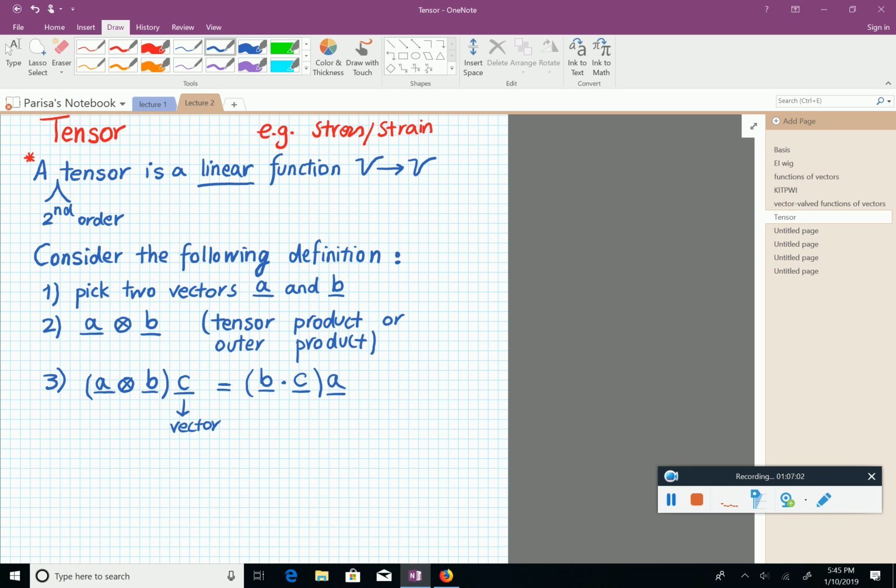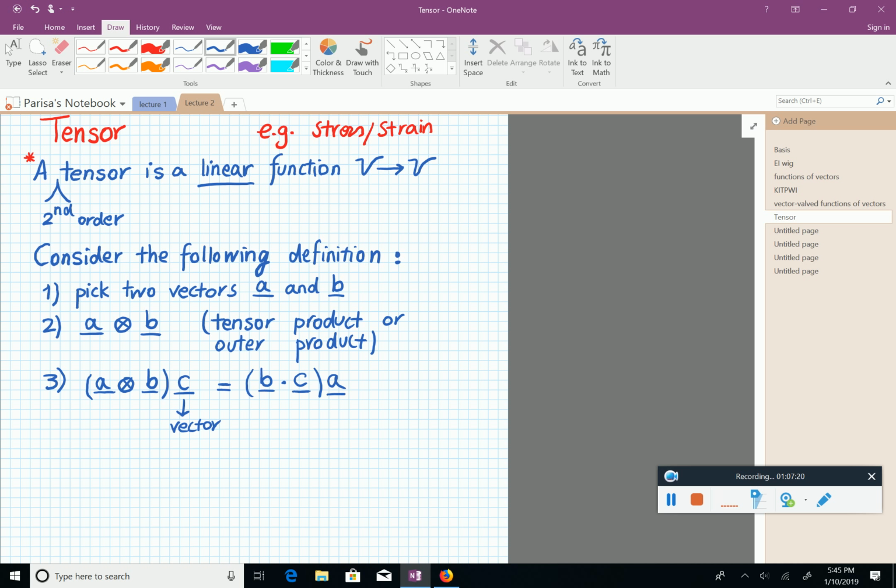On both sides we have vectors. The action of a tensor on a vector is a vector. We said we go from vector space to vector space. And then you have a scalar multiplied by a vector, which is also a vector.